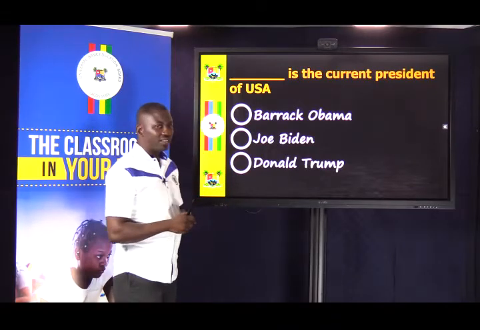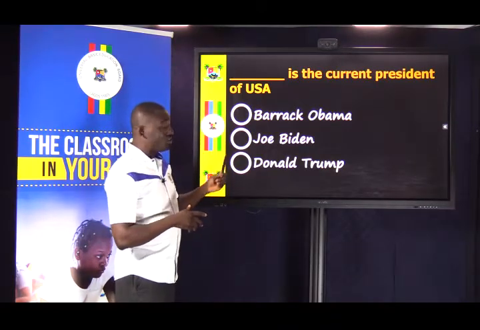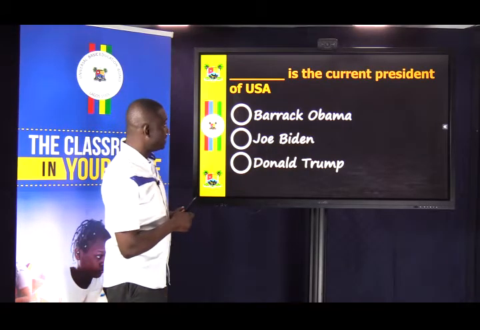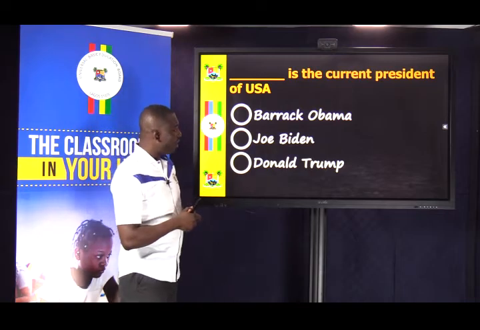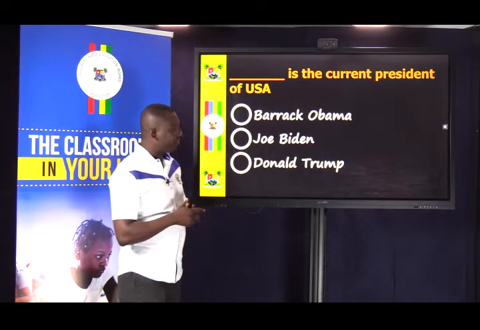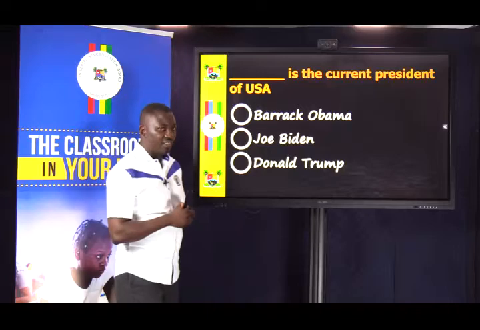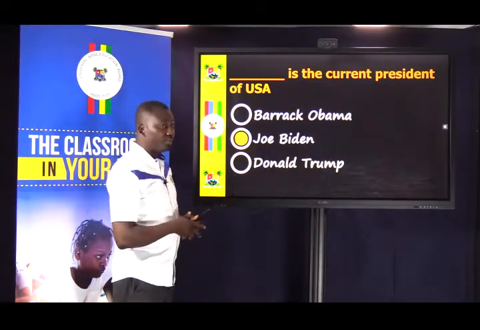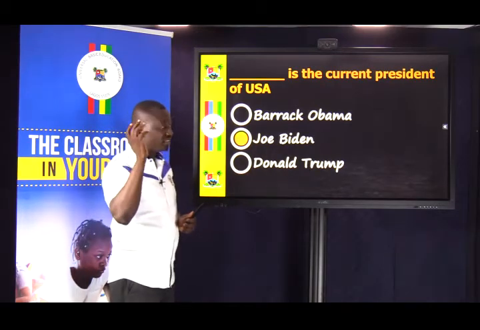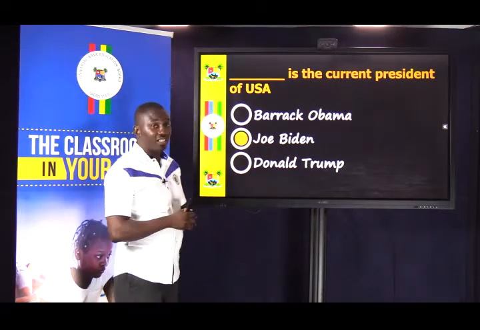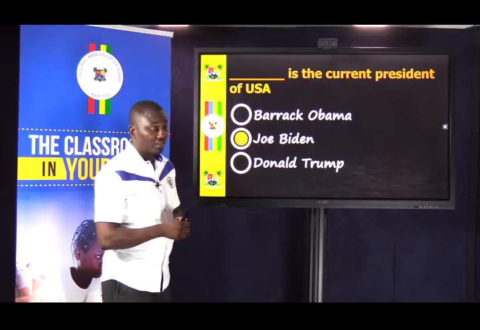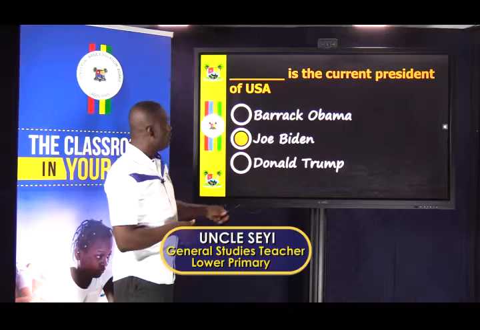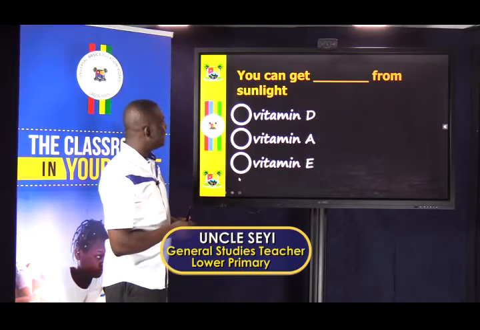No, he's not the current president. He was a president. In fact, Barack Obama was the first black president of America, but he's not the current president. Joe Biden, the 46th president of America. Yes, he is the current president. While Donald Trump was the last president that was not given the mandate to return. He was voted out. All right, so Joe Biden is the current president of USA.